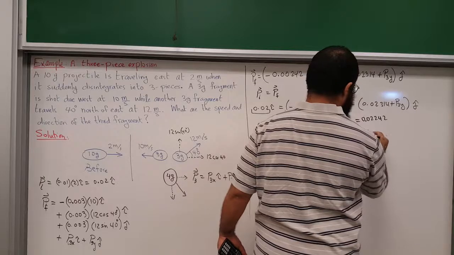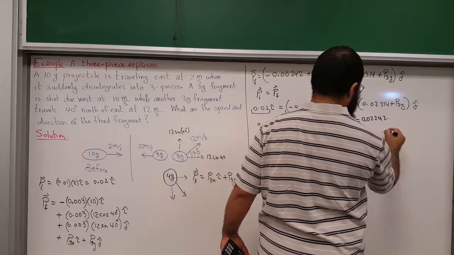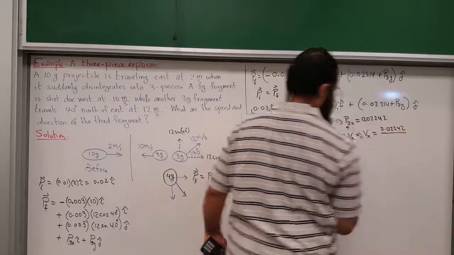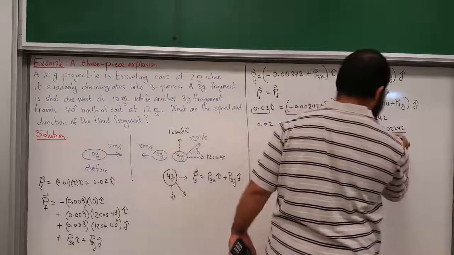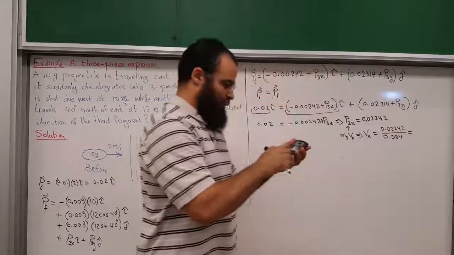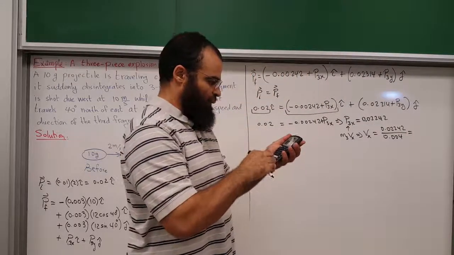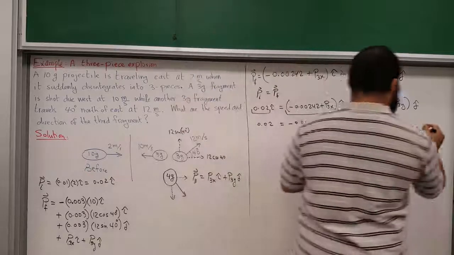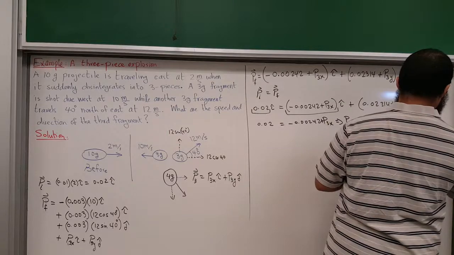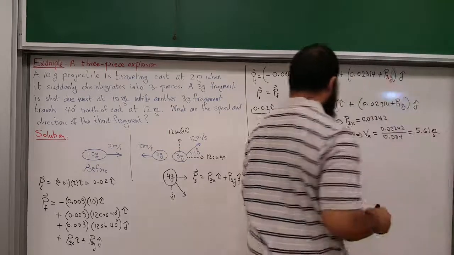So the x component of velocity for the third fragment will be 0.02242 over the mass of the third fragment, which is 4 grams or 0.004. We get about 5.61 meters per second. That's the x component velocity.